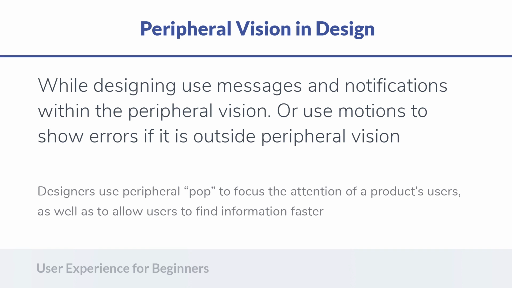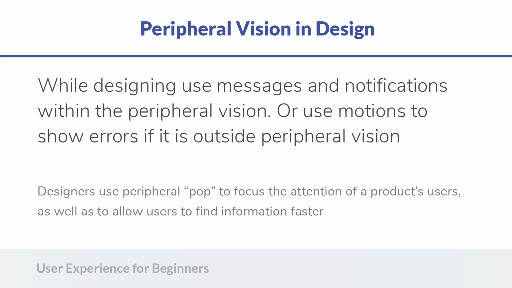So designers use motion, which is called the pop effect or pop-up effect, to focus the attention of the user. So the user can instantly see that something is going on at the right or on the bottom of the screen, and it allows the user to find the information easily.